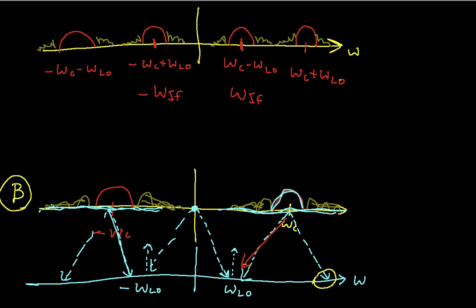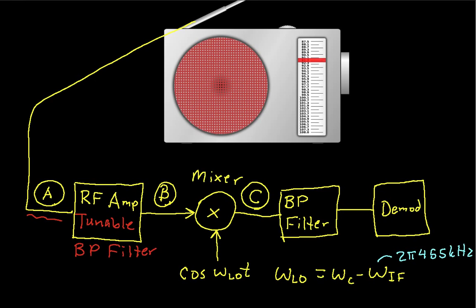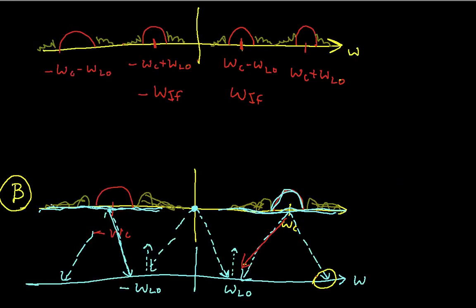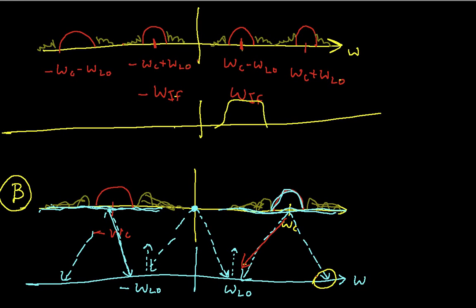So I basically have the radio signal that I want at this intermediate frequency. So if we go back to our picture, I now know what C looks like. It's got the radio signal that I want at the intermediate frequency. This bandpass filter is now a bandpass filter that has very sharp pass bands. And so the output of the bandpass filter, again, has a transfer function that looks something like this.